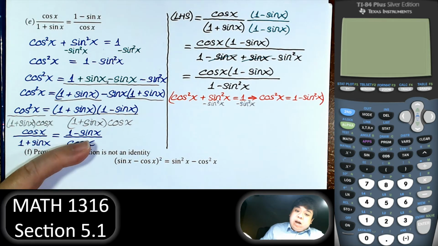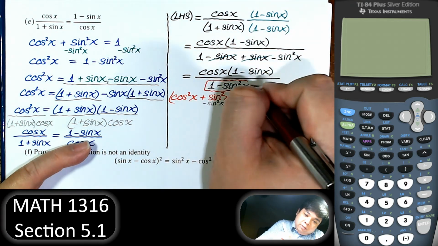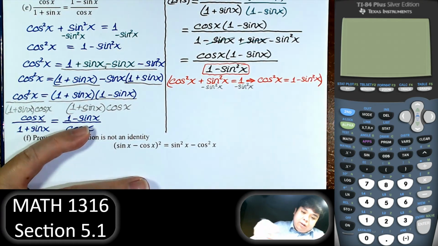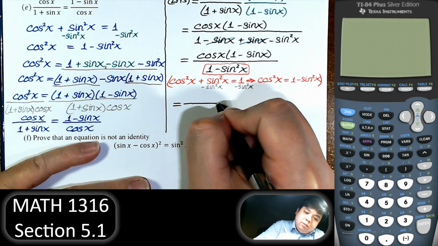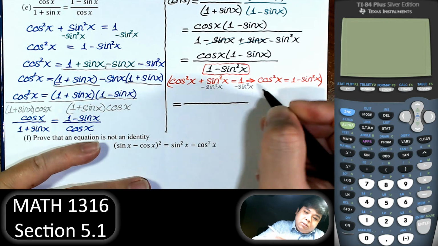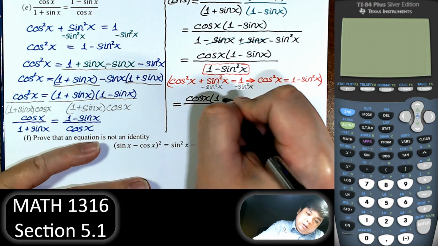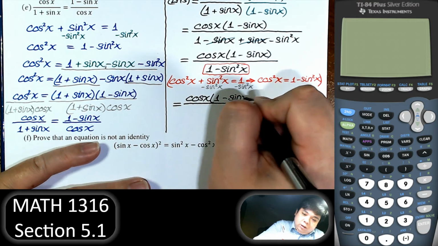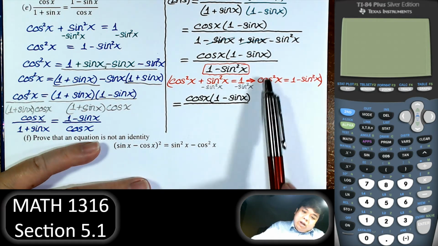And I can substitute that into the denominator here. One minus sine square is cosine square.